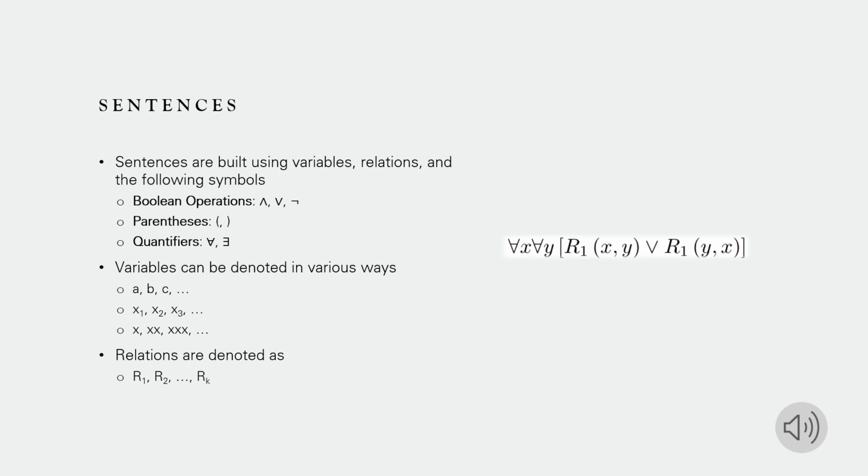For example, a, b, c, x1, x2, x3. Relations are denoted as R1, R2, or Rk. For example, here we see for all x and for all y, R1 of xy or R1 of yx. Here R1 doesn't represent anything. We're going to give R1 a meaning using a model.